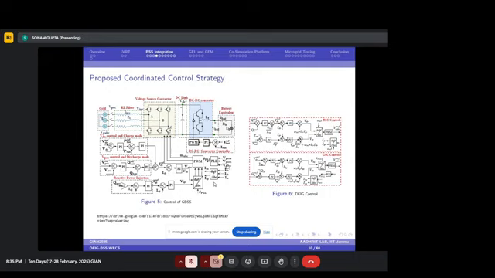coordinated control strategy. As you can see on the right hand side, there is the DFIG control, which is the basic conventional control that we can use, rotor side control and grid side control. In the rotor side control, the outer loop is the reactive power control loop, and it takes the reference with respect to the change in the voltage.